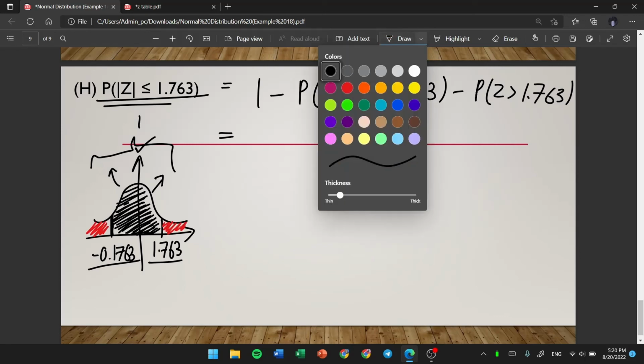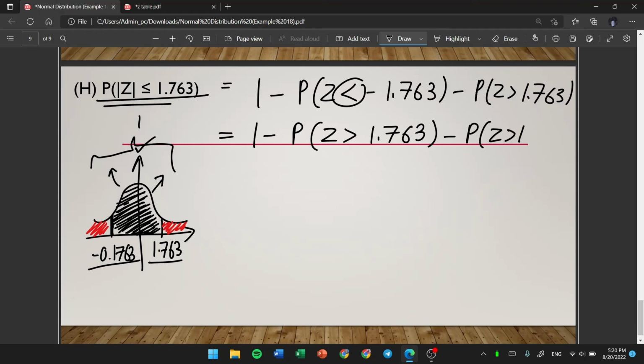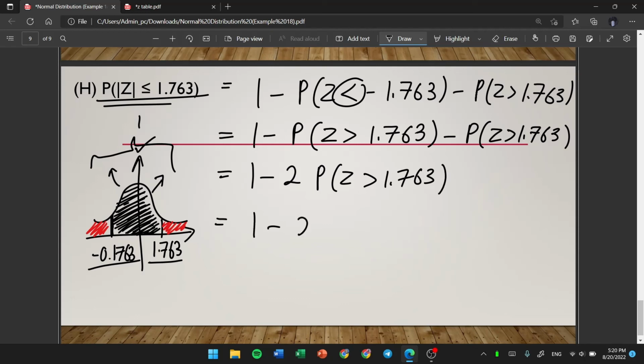We minus the two colored regions there, then we will get the middle one. So that's why 1. Then remember, less than must change to greater than. P(Z greater than 1.763). Then we find it, 1 minus 2P(Z greater than 1.763). Then you look at the Z table, 0.0389. Then final answer you get 0.9222.